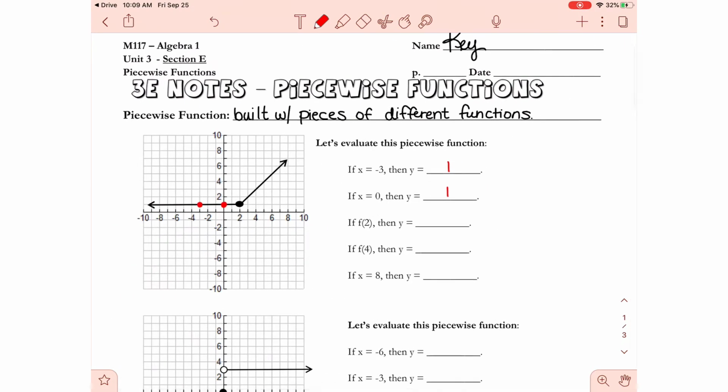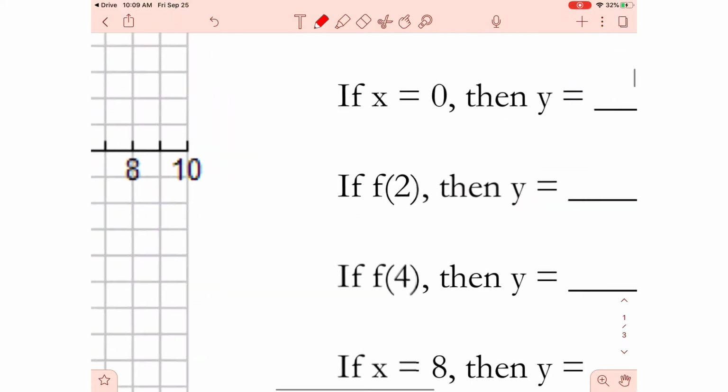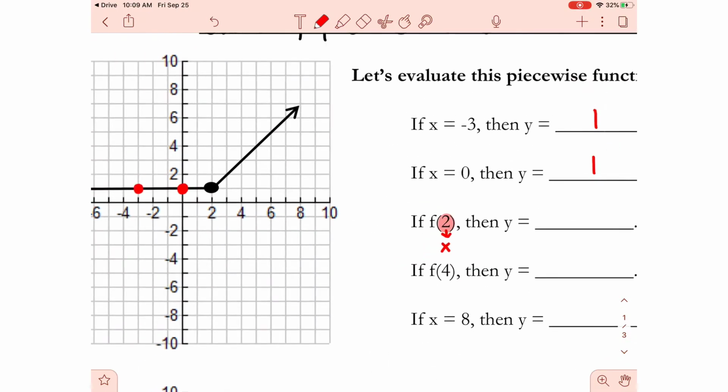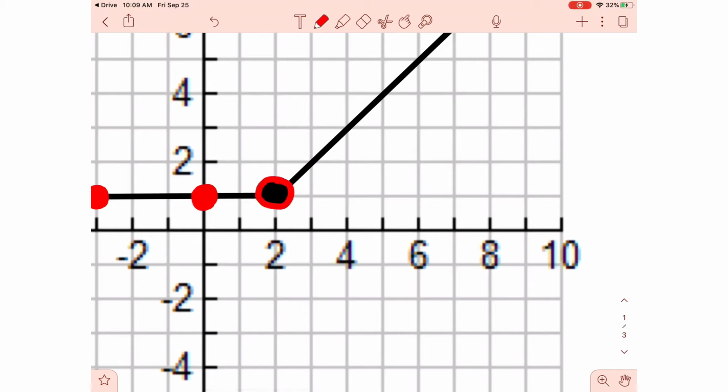So now let's use function notation. If I have f of 2, then let's evaluate f of 2. Remember, the 2, the number inside those parentheses, is the x value. So at x equals 2, here's the point. And what's the y value?